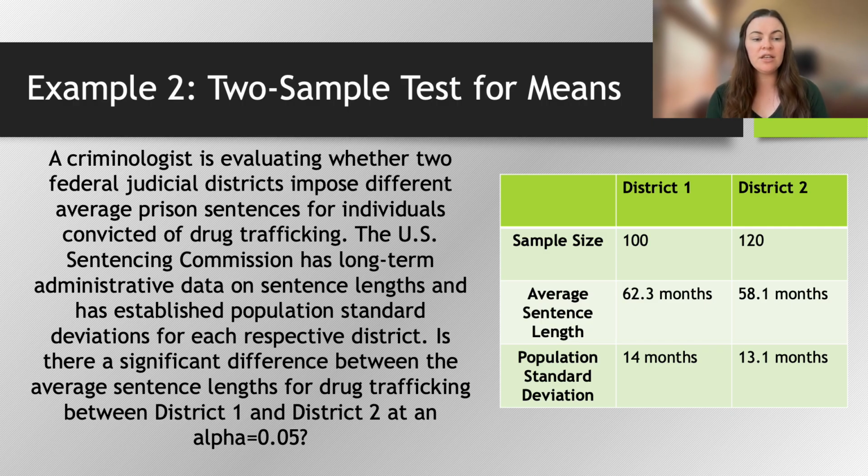Is there a significant difference between the average sentence lengths for drug trafficking between District 1 and District 2 at an alpha level of 0.05? The criminologist reported the following information here on our chart on the right-hand side, and that's what we'll keep in mind as we conduct our actual test statistic a little bit later on in step 4.